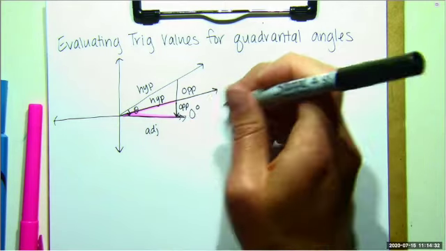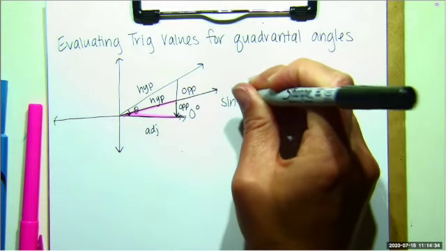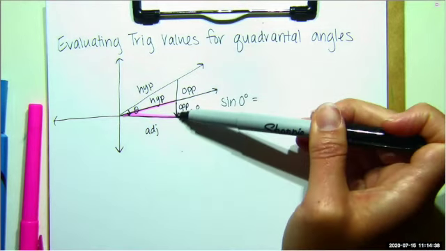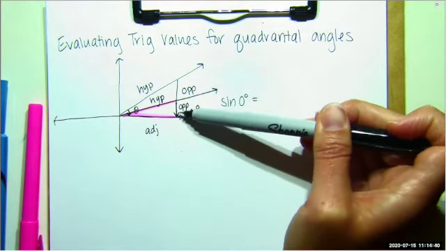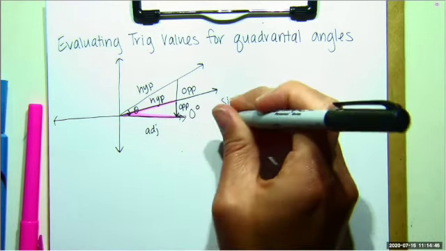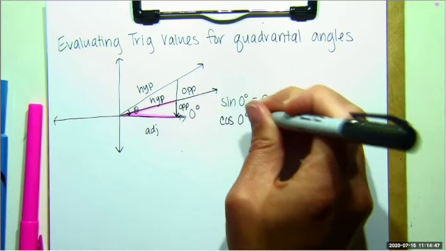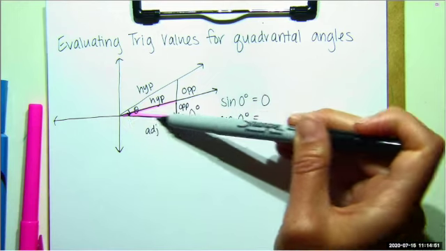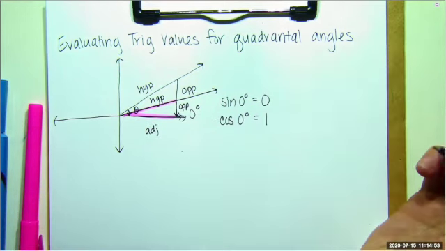So from looking at this, the first thing we know is that sine of 0 degrees, sine is opposite over hypotenuse. As this triangle shrinks down, opposite becomes 0, and 0 over any number is 0. Cosine, adjacent over hypotenuse, these approach the same value as we shrink down to 0. Cosine is going to be 1.